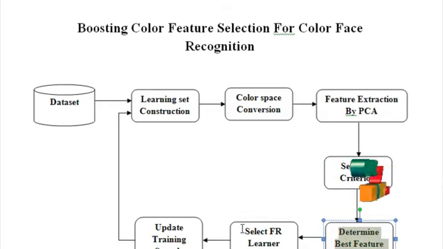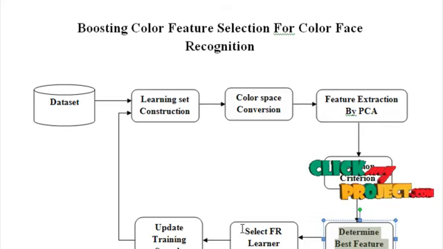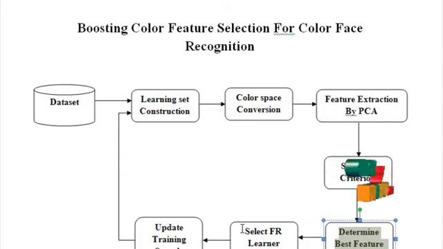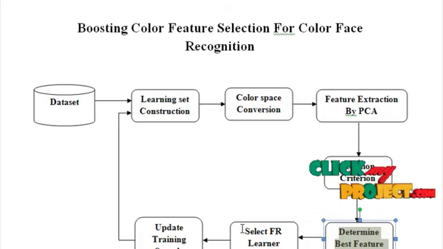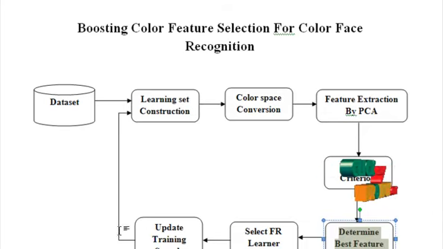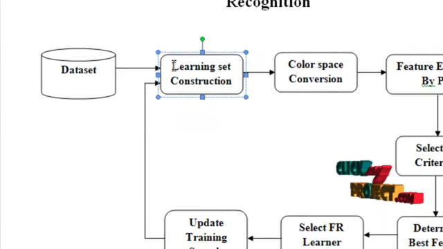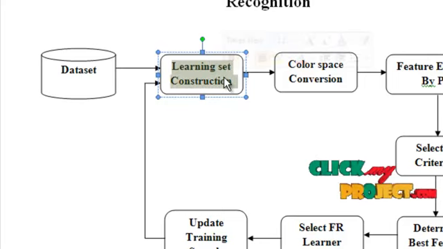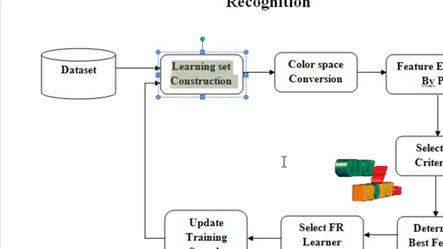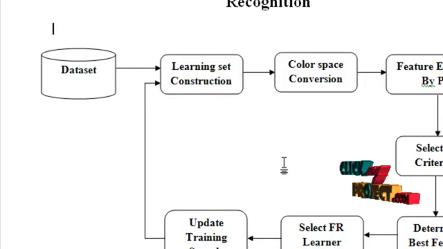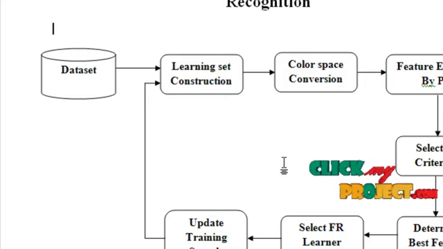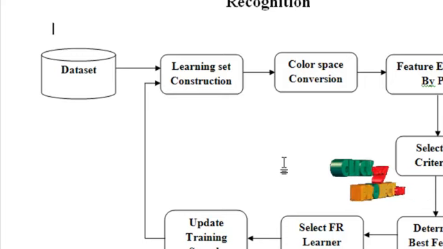So the result of the AdaBoost algorithm is the division into strong learners and weak learners. The weak learners corresponding to the training samples are once again fed back to the input for the construction of a new learning set. This process is repeated furthermore to obtain the optimal set of features. This is the explanation of this DFD.